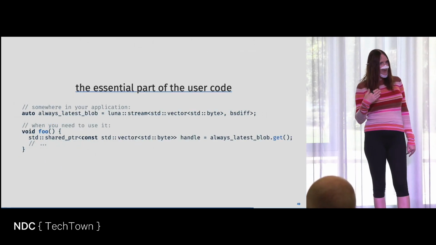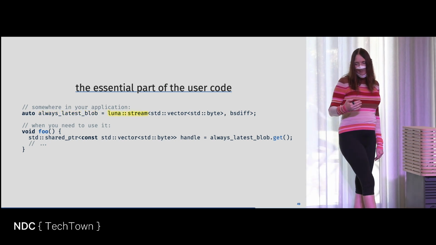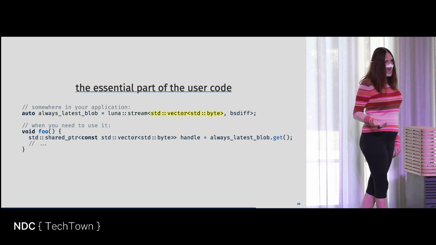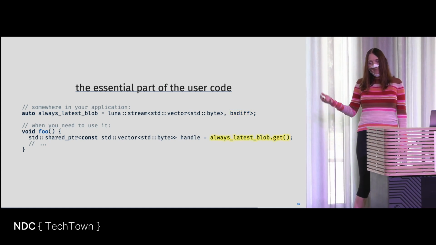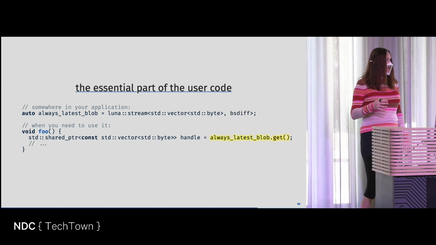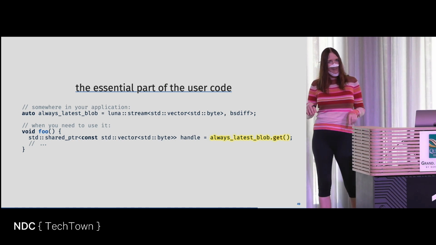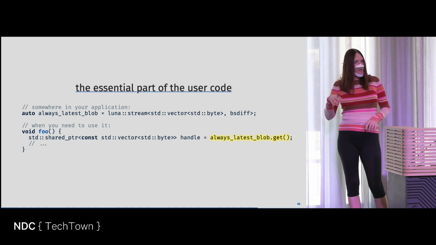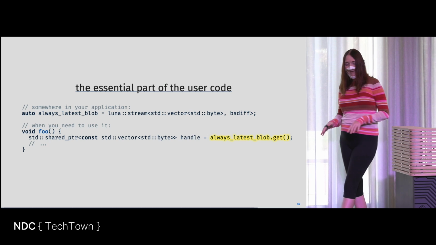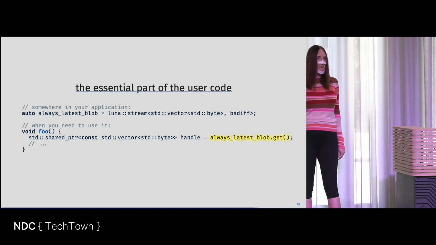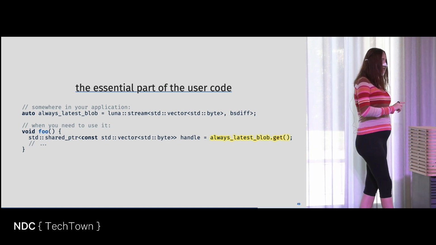But the essential part for your application is actually the stream of some object, in this case a vector of bytes, and traits, maybe by bsdiff, and getting the handle. Everything else is not specific for your object. So it can be one-time code for downloading, one-time code for storing persistent files, and nothing else. It's only these two lines of code you need to use in your code in order to update it.